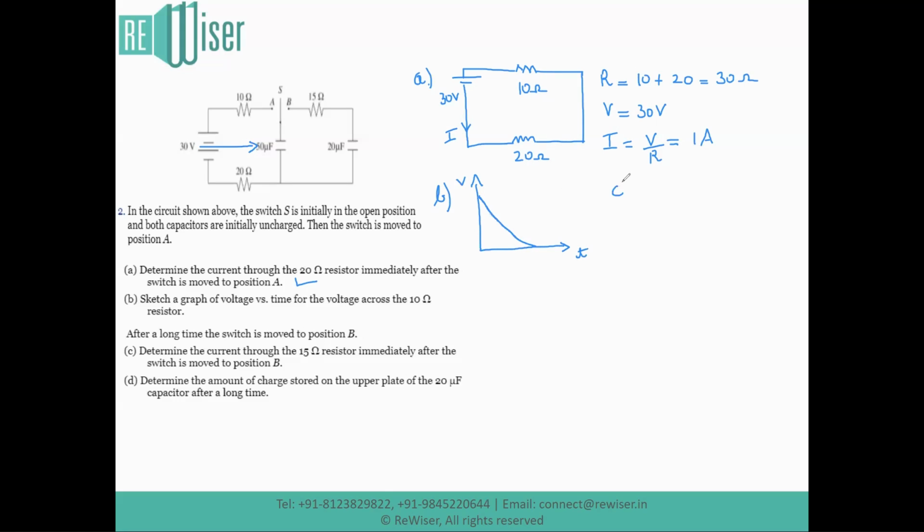Moving on to part C, determine the current through the 15 ohm resistor immediately after the switch is moved to position B. Now, when the switch is moved to position B, after a long period of time, remember, the 50 microfarad capacitor acts as a secondary voltage source, providing 30 volt of potential.